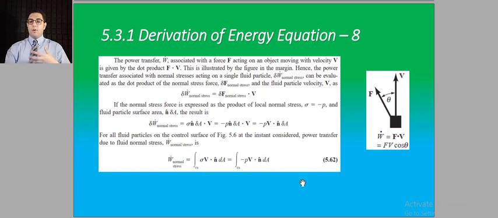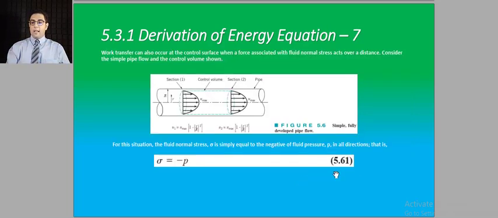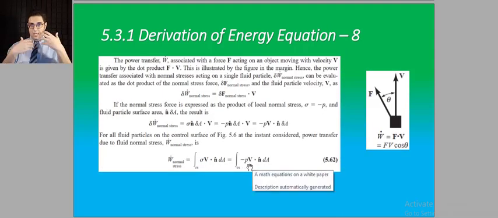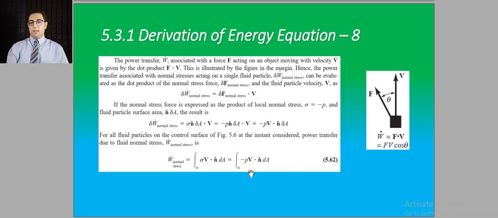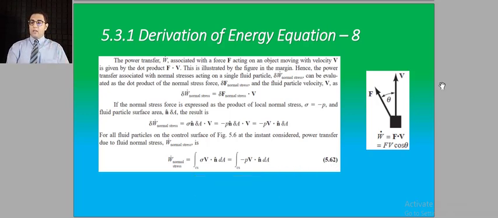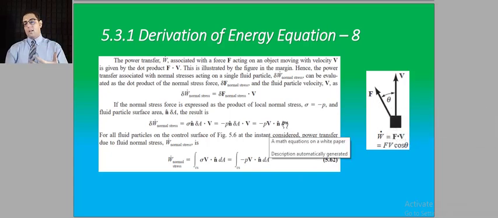Here the point is that when we have normal stress, which is defined as equation 5.61, we just replace the minus p in a small b term of the control surface term of the total energy equation for a system, which is defined as equation 5.62. There's a cosine of theta term because of the dot product of the velocity with the normal direction of the control surface.